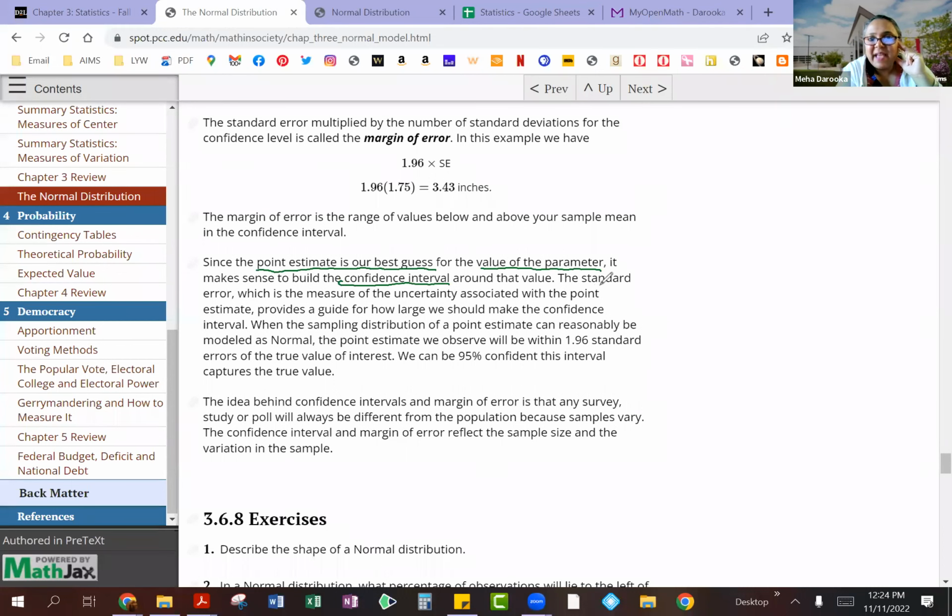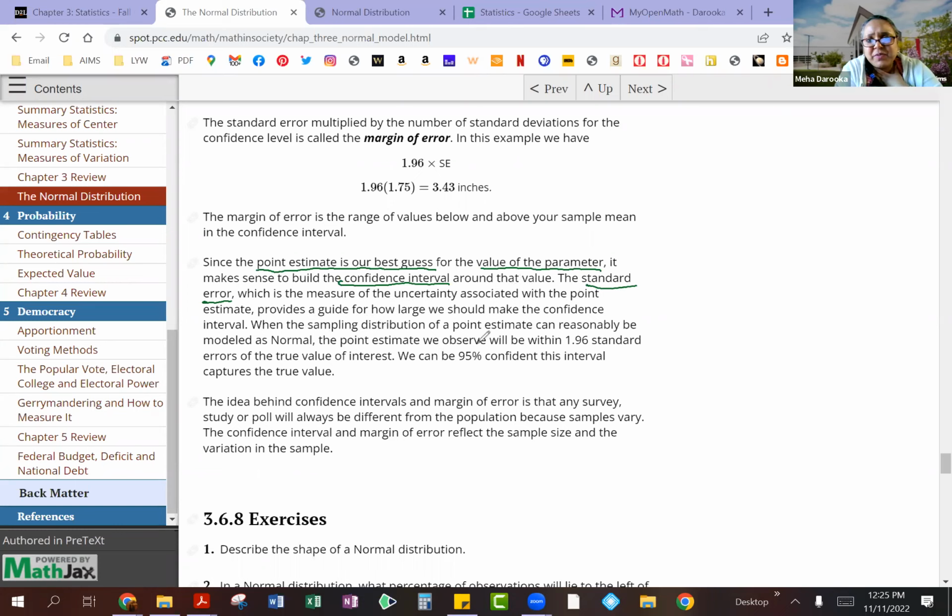Now, your standard error, which is, of course, remember, the standard deviation for that specific sample, is a measure of the uncertainty associated with our point estimate. It provides a guide for how large we should make the confidence interval. So these are all based on one value helping the other one, to give us more sense of what's going on.